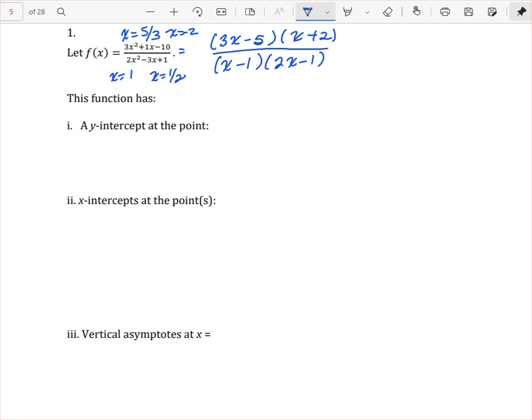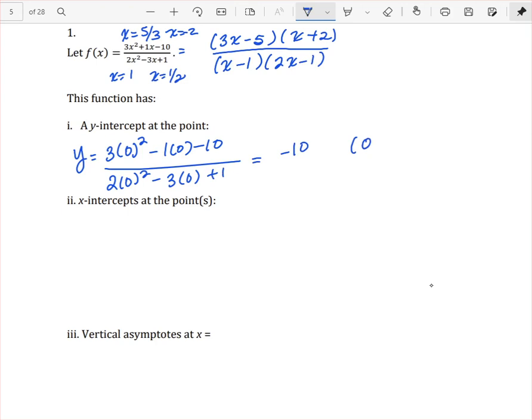So the y-intercept. The y-intercept is just putting 0 for the x's. So we're just going to take the problem and put 0 for every x. I'm getting the original problem because nothing canceled when I did the factoring. So the y-intercept is 0, -10. 0 for the x.